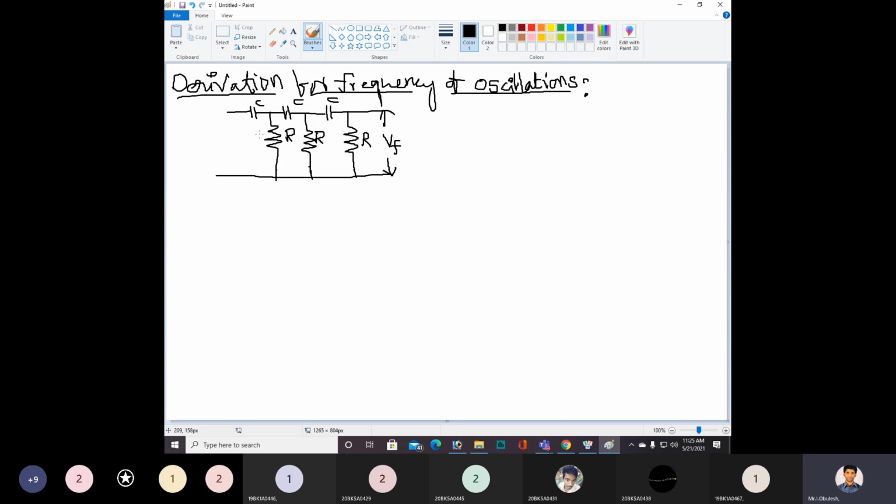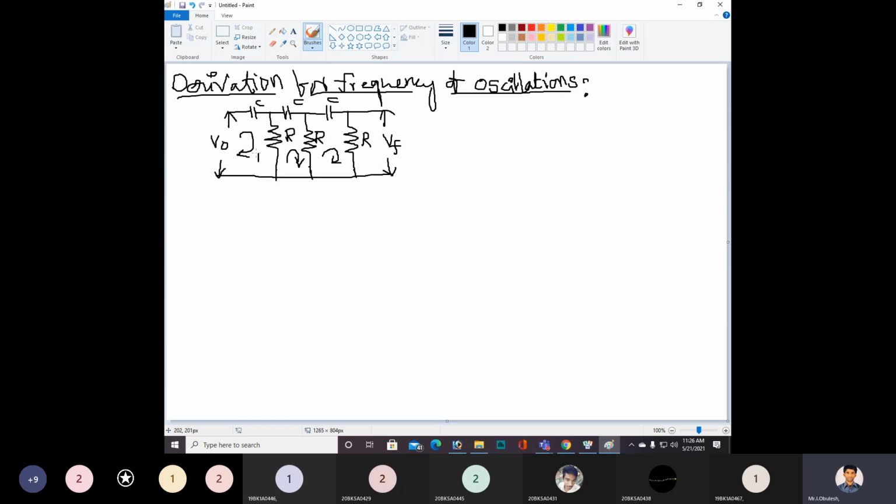So here we need to take the output voltage from the diagram. You need to see the diagram carefully, then only you will get clarity. Here we will have V0. If you are applying KVL for various loops, let us assume this is one loop, this is one more loop, and this is also one more loop.